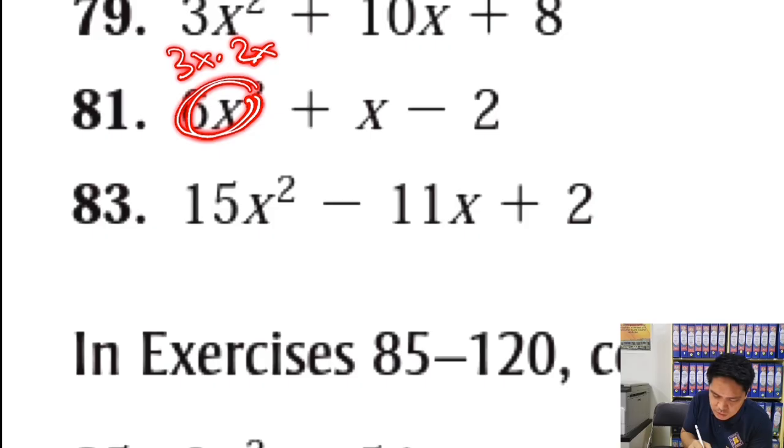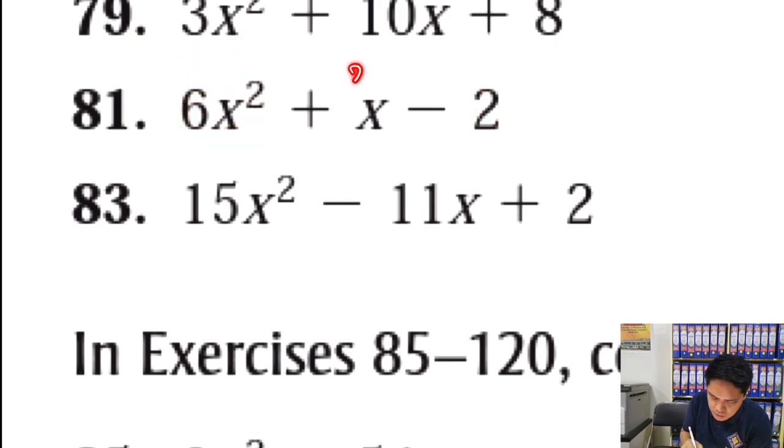Pwedeng ganun. And eto, pwedeng 2 times 1. So, I could say na baka merong 3x dito. So, that's one way of looking para alam natin how to trial and error. Again, trial and error naman to. So, if it will not work, you can try another one. That's one way of making the testing or the trial easier.